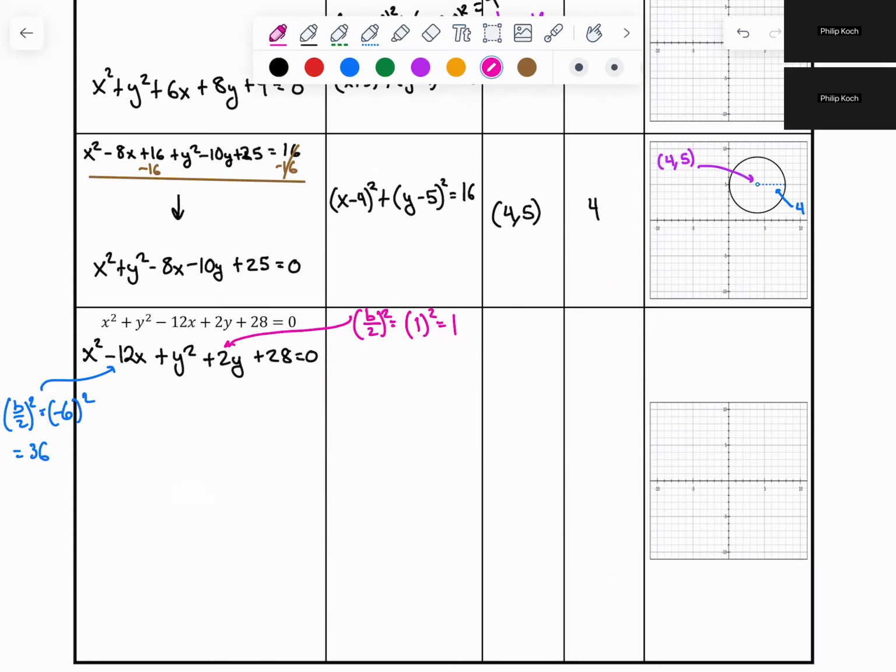So it'll be x squared minus 12x, add 36, and then immediately subtract it so that we don't actually change anything. Then continue. So we've got the plus y squared, the plus 2y, and then we'll add 1 and subtract 1. And then we've got that plus 28 and it equals 0.